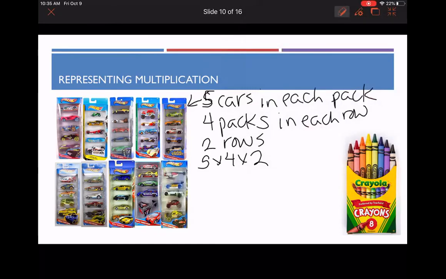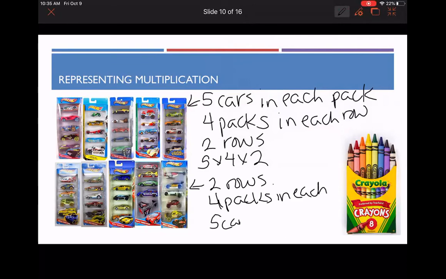But what if you saw it differently? Sorry, that 5 is ugly, bothering me. Well, I didn't see 5 packs in each. I first saw 2 rows. And then I saw 4 packs in each row. And then I saw 5 cars in each pack.